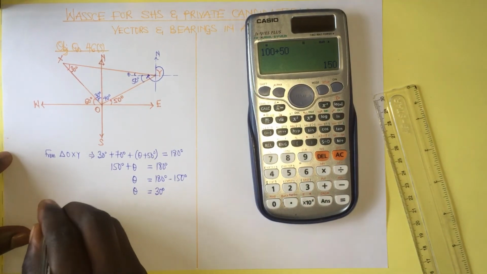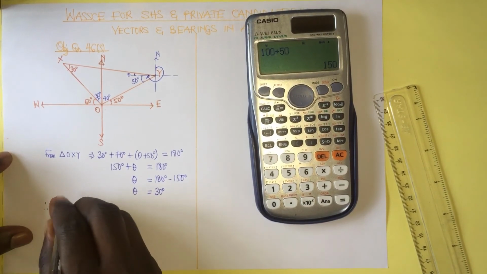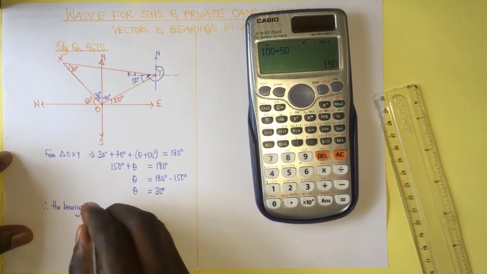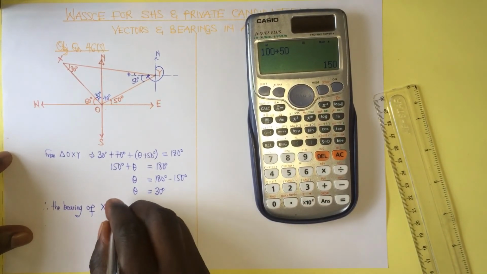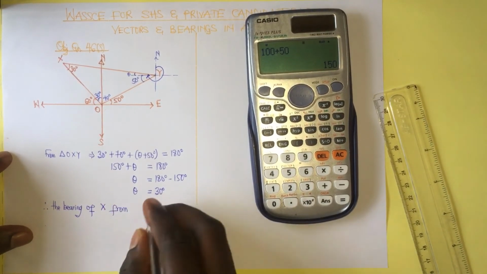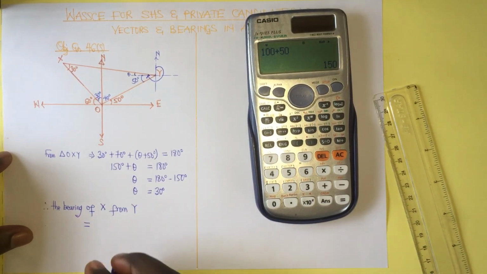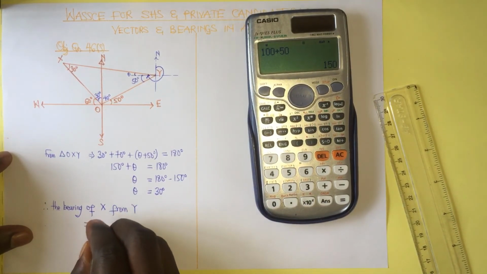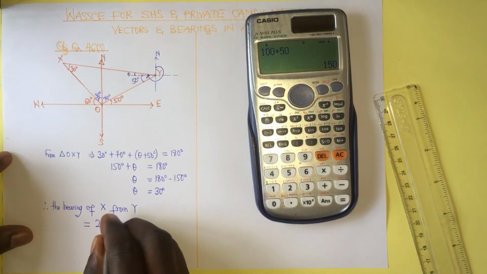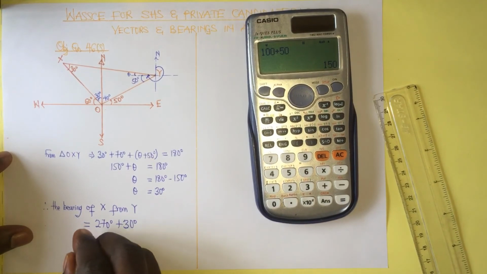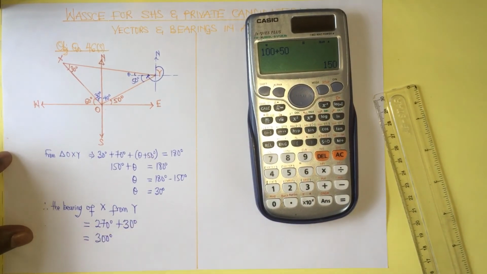So therefore, the bearing of X from Y is equal to 270 degrees plus 30 degrees, and that one will give us 300 degrees.